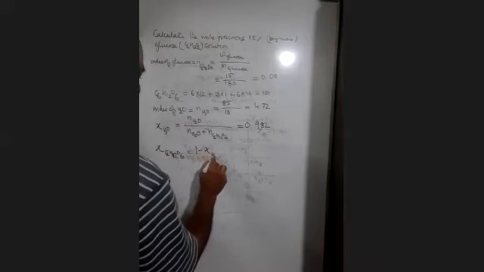Because of that I told you that you should remember that. See, it is containing only one solute and one solvent. So in that case, chi A plus chi B is equal to 1. So you know one, the other one you can find by subtracting from 1.